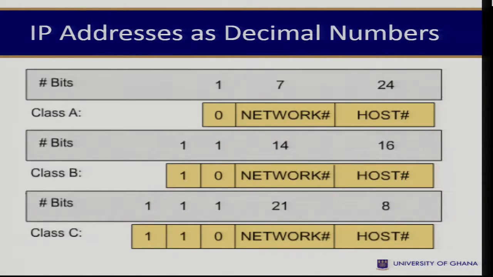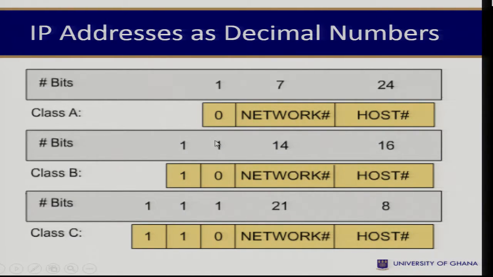Now, how does this all work out? What you then observe is that in class A, normally that is a network, and these are the hosts. So there are 24 bits that are used for that.